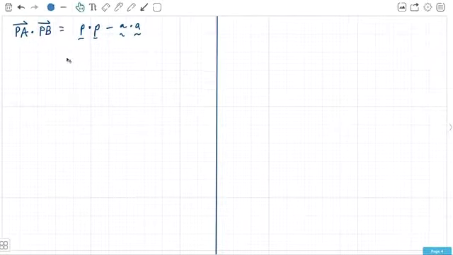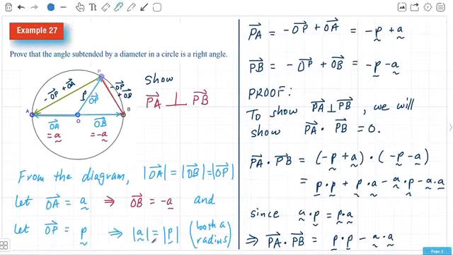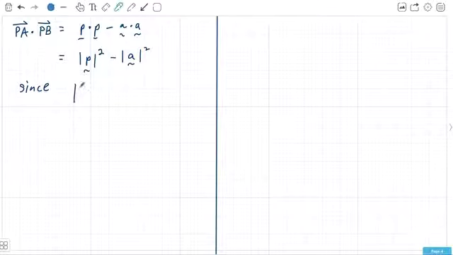So now what we're going to do is identify, looking at that, you'll recall that the dot product of something with itself is the magnitude of that thing squared. And since we know from our diagram here, and we set it here, the magnitude of A and the magnitude of P are the same, we know that this is now going to cancel down.